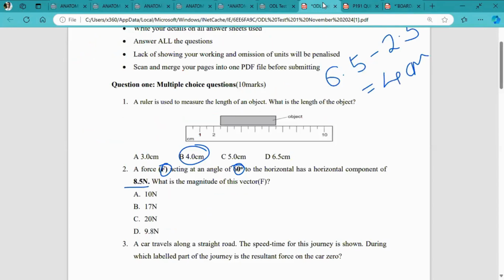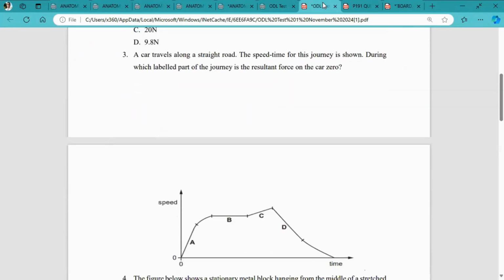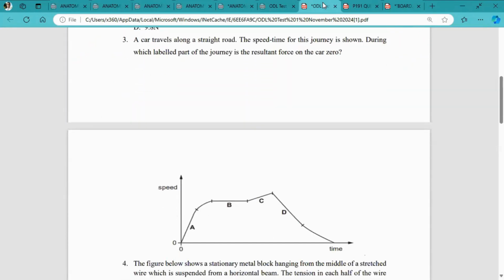And if we go back to our multiple choice, we're going to find that our correct option here is option B. Okay, that was question 2. Question 3 is saying a car travels along a straight road. The speed time, I guess they were supposed to complete it to say the speed time graph.